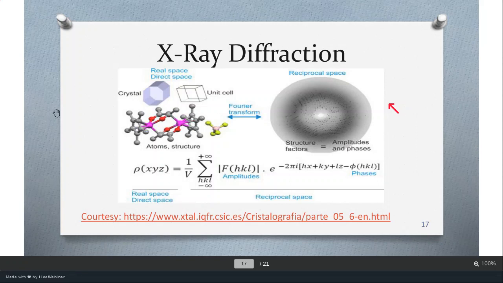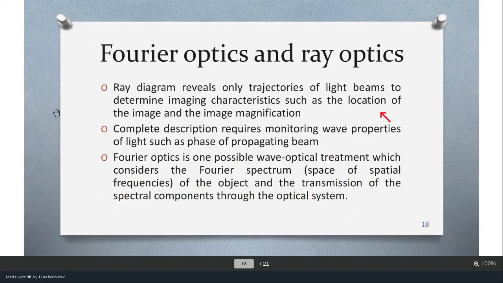When the peaks match, we say this is the crystal structure. We are taking a shortcut here. We are not calculating anything using the Fourier transform nowadays, because the literature is available. But this is the proper procedure, and students should understand that this is the topic of Fourier optics. So X-ray diffraction also is the connection.